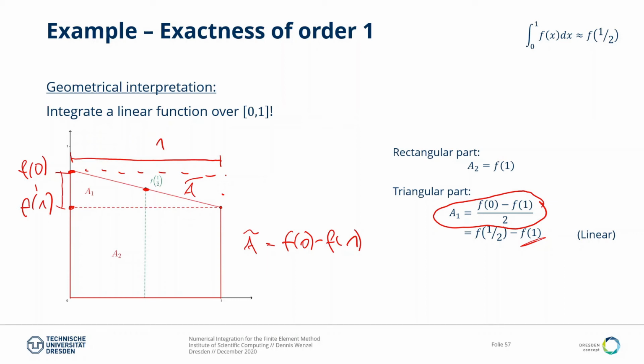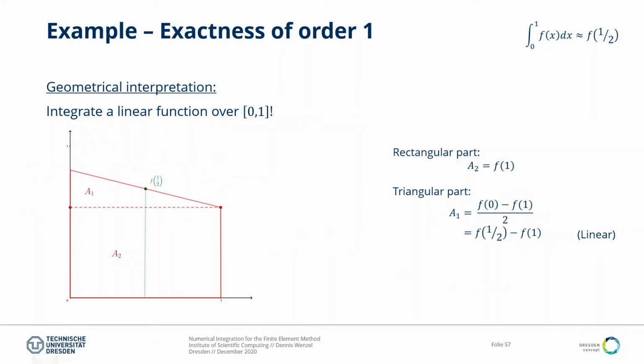So that last part is to simply put it together. a1 plus a2 is f of 1 plus f of 1/2 minus f of 1. So I simply get f of 1/2 as the value.